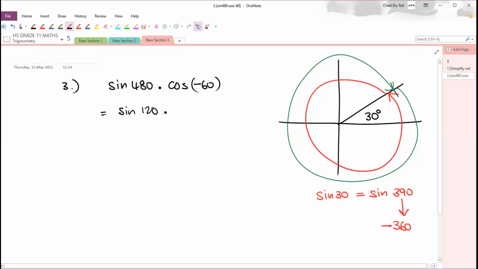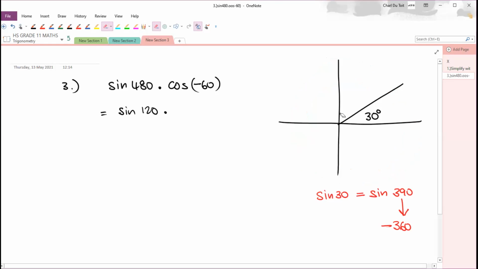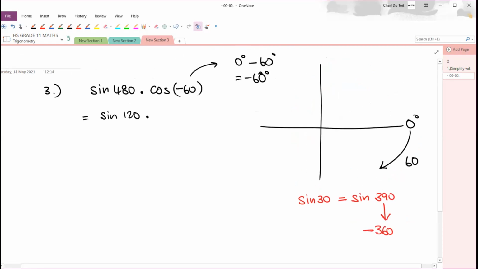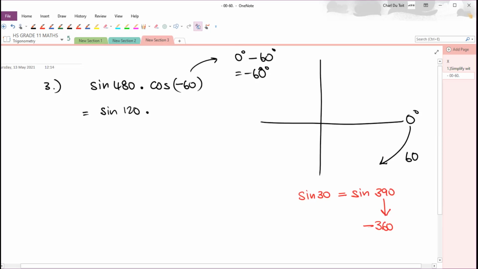Now, very important. Let's go back to that system of axis. Minus 60 degrees is the same as 0 degrees minus 60 degrees. So I can start at 0 degrees and subtract this way, 60. And that will give me the quadrant that I'm working in.